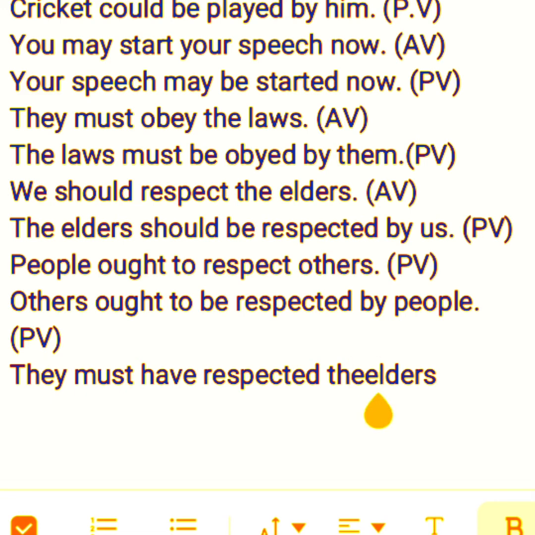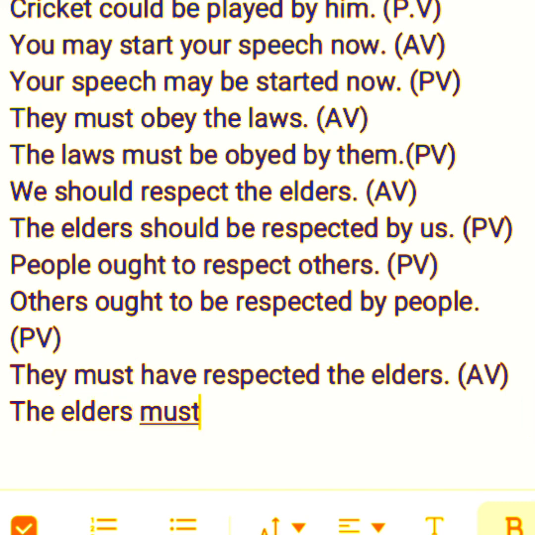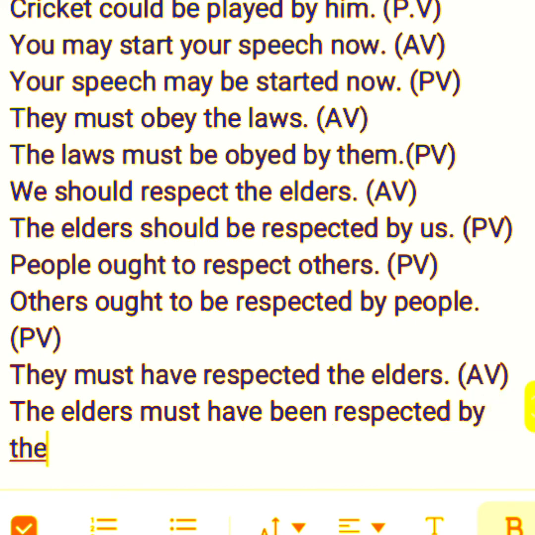Okay, so this is like this. This is active voice, AV. Okay, then the elders must have been respected by them. This is passive voice.